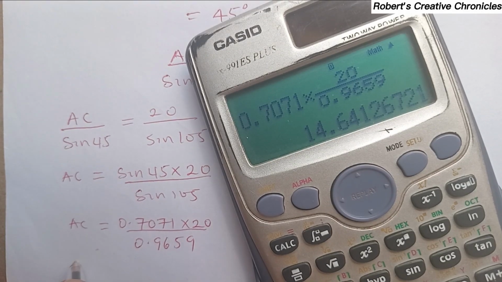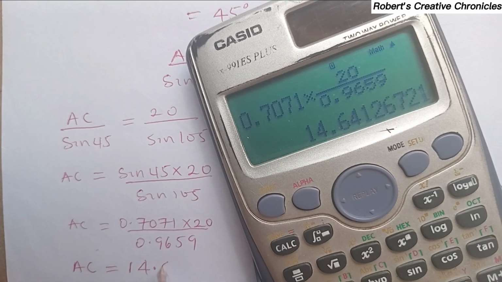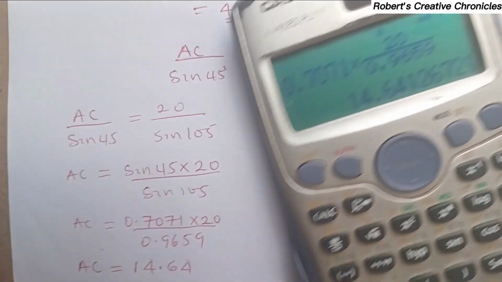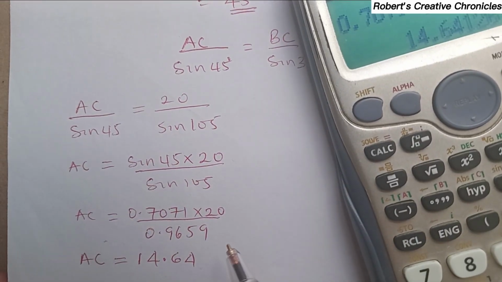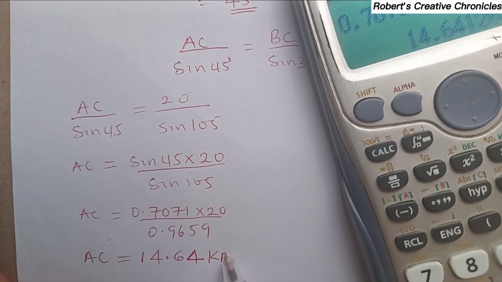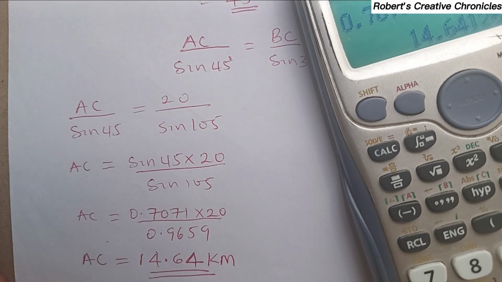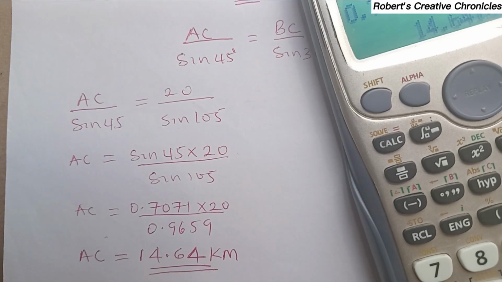So AC is equal to 14.64, and the unit they used is kilometer. 14.64 kilometers, approximately.